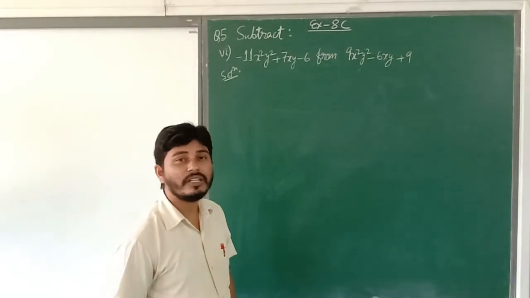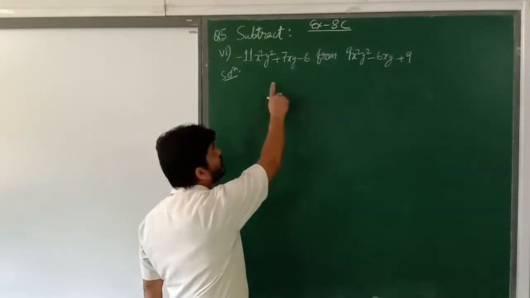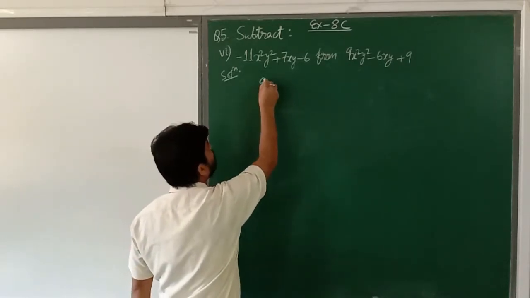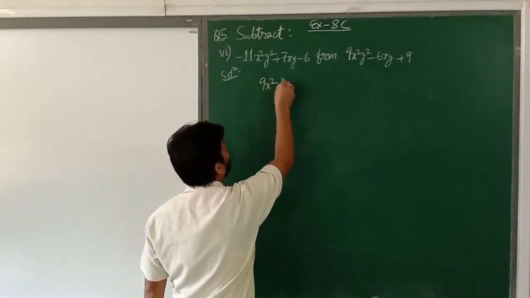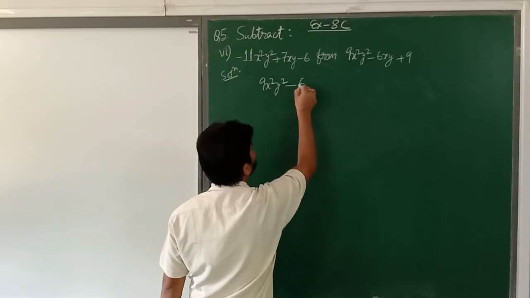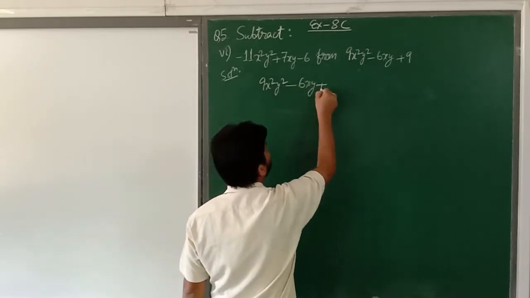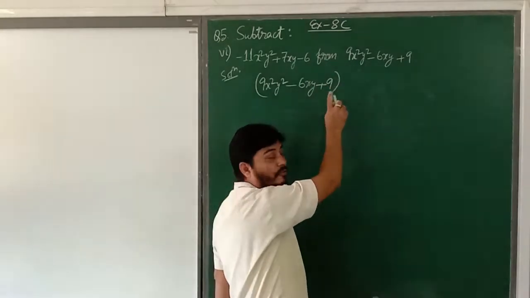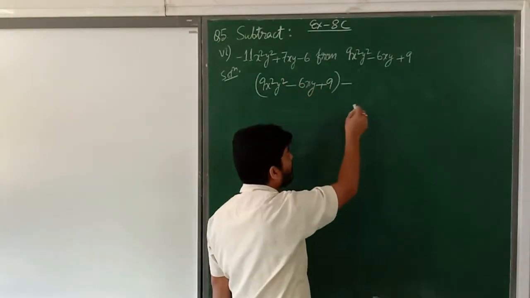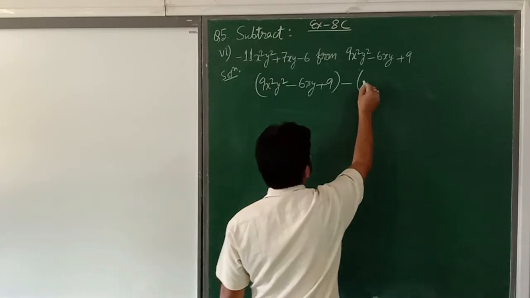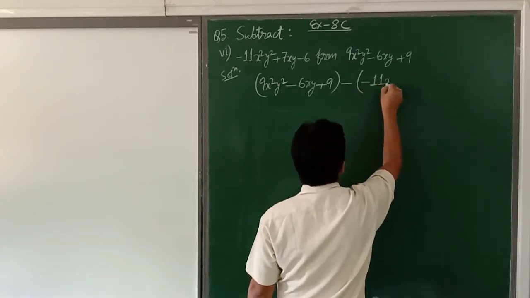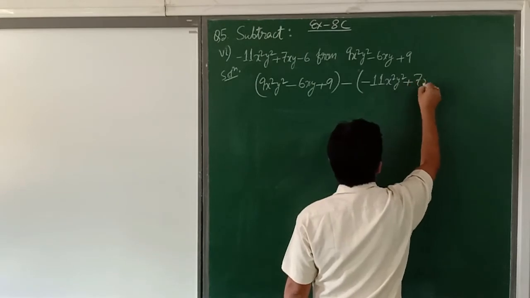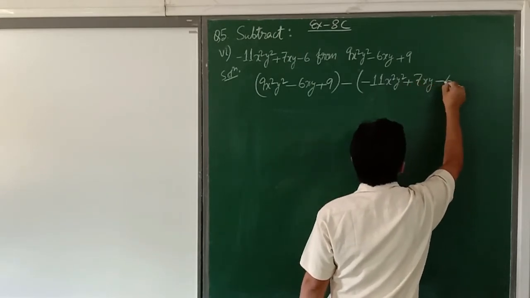As I said in the first sum, while subtracting, the expression after from should be written first. 9x squared y squared minus 6xy plus 9, put it inside the bracket, and for from write minus, since we are subtracting, and then the first expression, minus 11x squared y squared plus 7xy and minus 6.